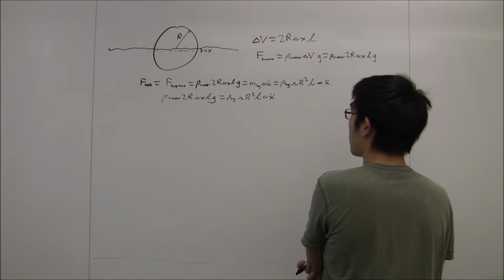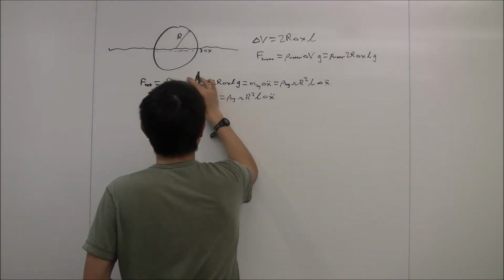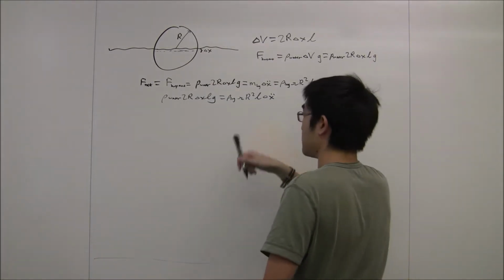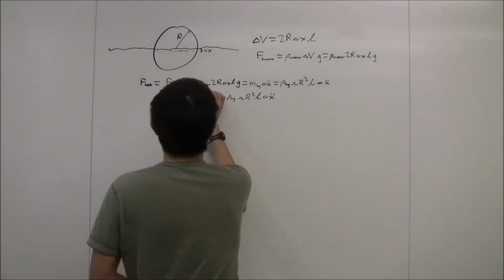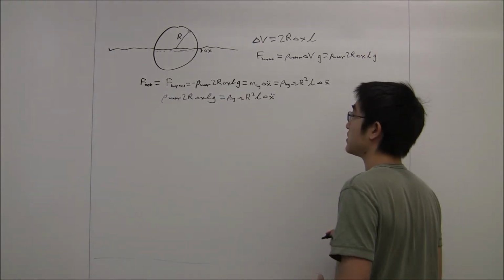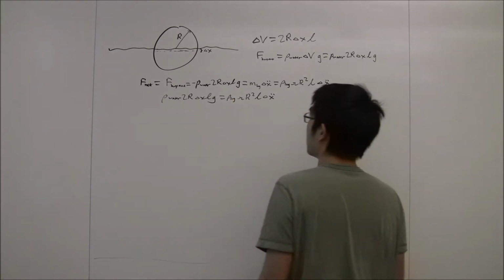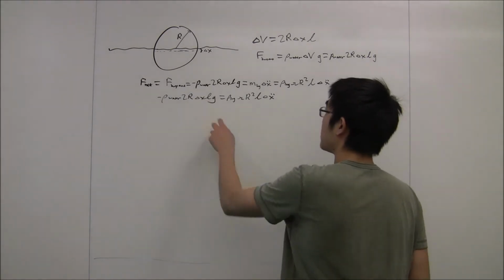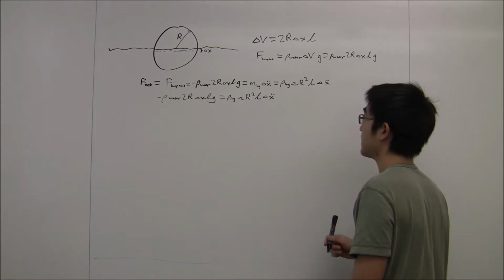Since we've taken the delta x to be positive in the downward direction, the buoyant force is going to be acting in the upward direction. So we need a negative sign here to indicate that the buoyant force is opposite the displacement delta x. So we have that negative rho water times 2R delta x L G is equal to rho log times pi big R squared L delta x double dot.